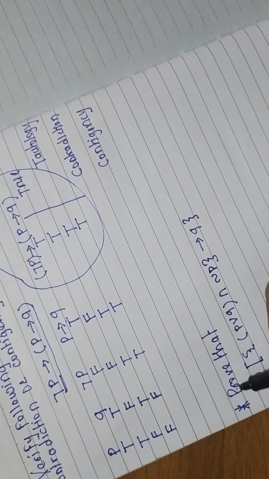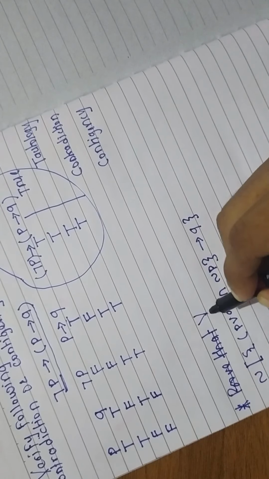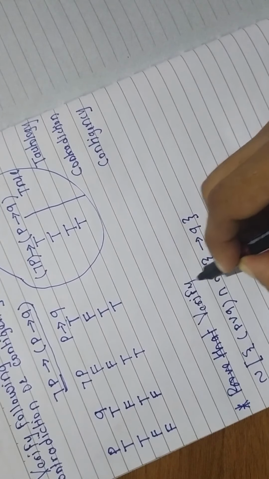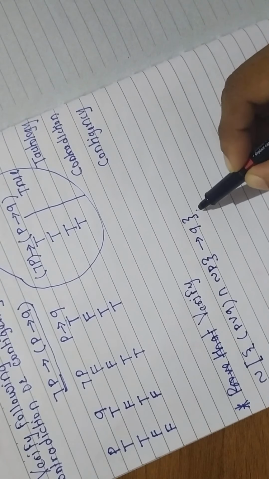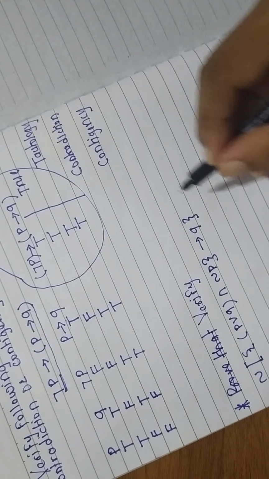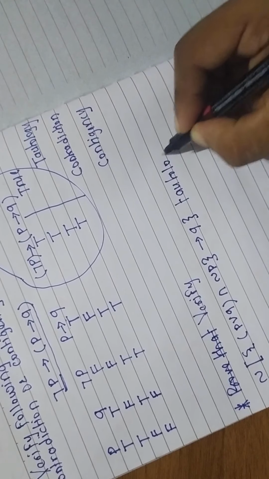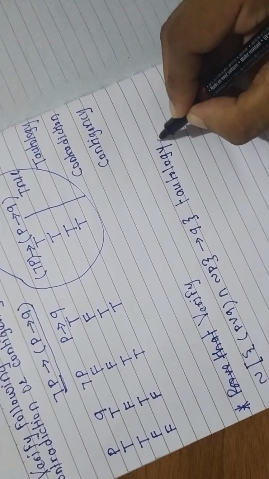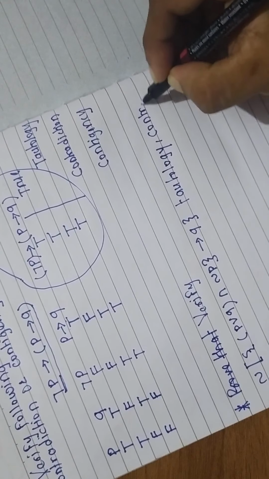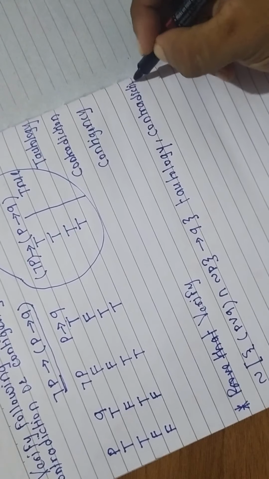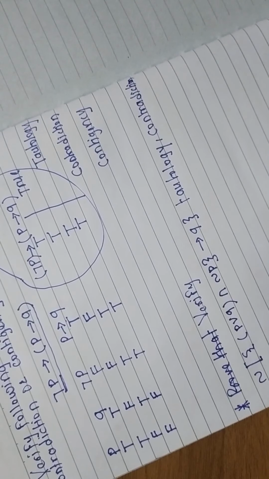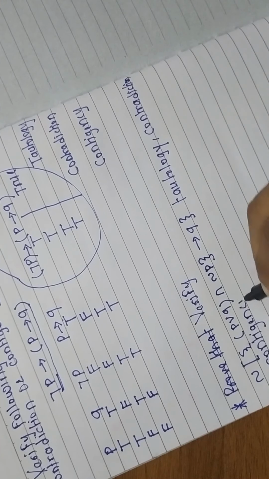Instead of prove that, let us write verify whether this particular expression is a tautology, contradiction, or contingency.